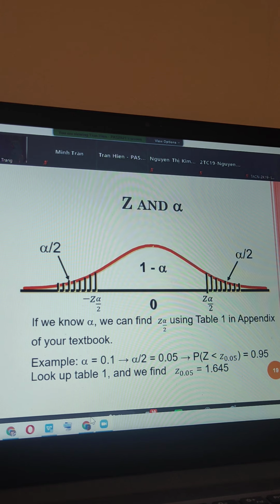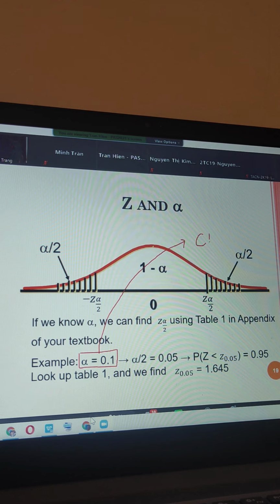Okay, so in this slide, I show you an example, right? This is an example of a confidence level where I know the value of alpha equals 0.1. So what is the value of the confidence interval here, class?